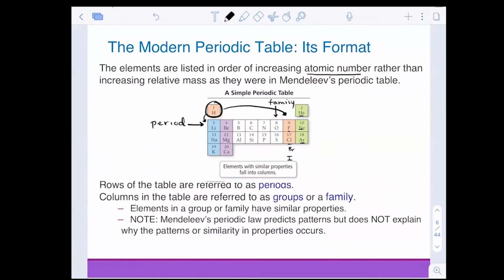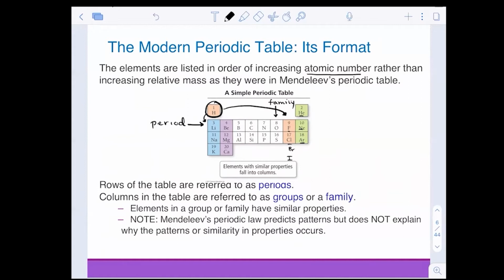Mendeleev, again, developed the periodic law and the periodic table. He put the elements in patterns, but he did not explain why the patterns were what they were. He was really amazing at predicting which spots needed a filler element, or how many families there were at that specific time.